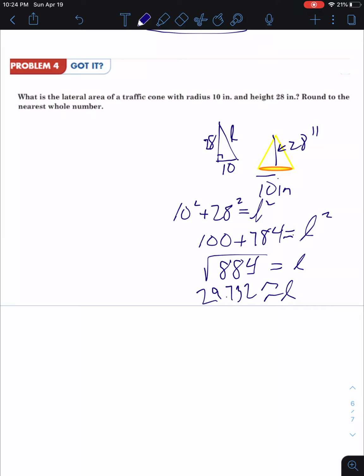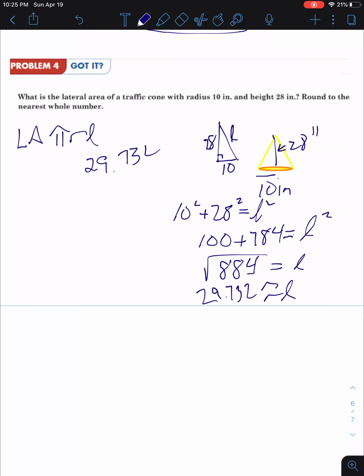Now, LA, the lateral area, is going to be 1/2 times 2, and they cancel out. So pi r times L.